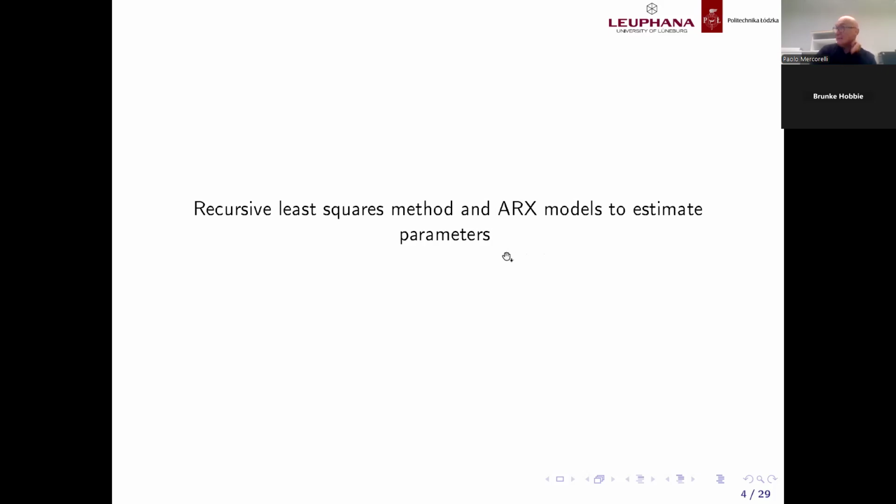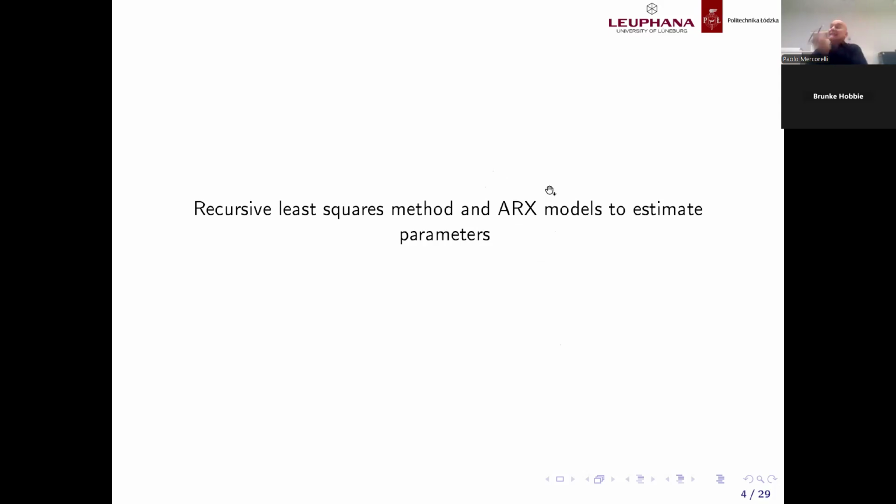Autoregressive, I told you last time, means that the output is considered as an output itself, of course, but also as an input, therefore regressive. X reflects the concept that we have an exogenous signal, an input basically.